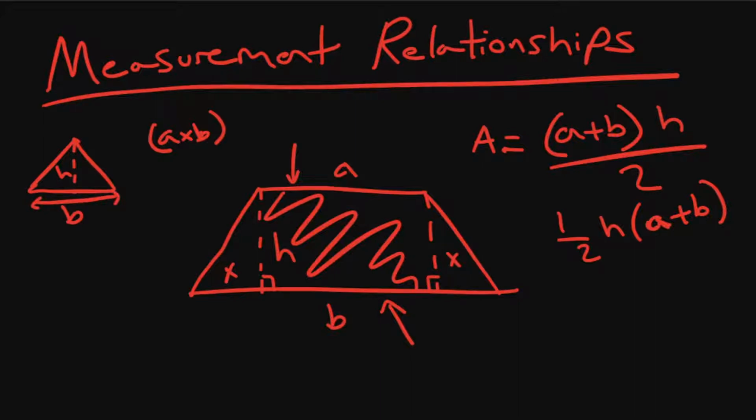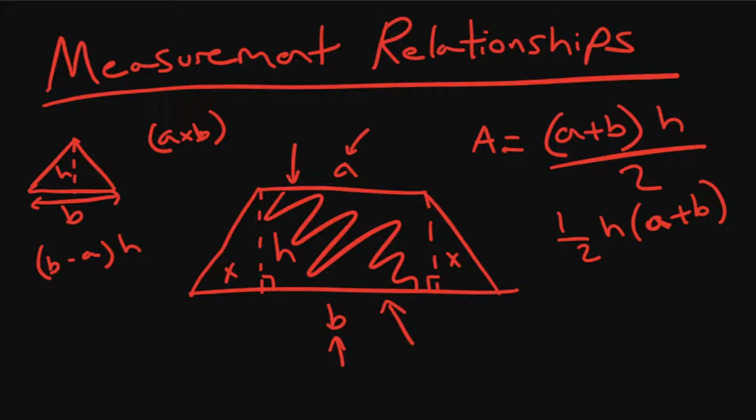Using the trapezoid's formula, you could easily get that just from subtracting. In this case over here, on the trapezoid side, subtract these two, B minus A, and you multiply that by the height.